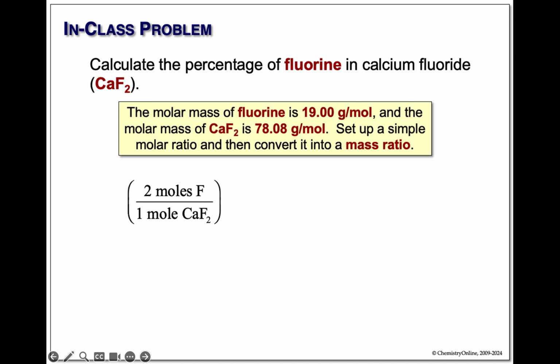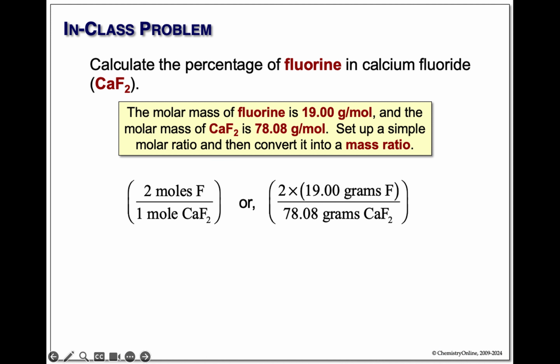But for right now, 2 moles of fluorine is the same thing in terms of mass as 2 times 19 grams. Calcium fluoride, 78.08. So our mass ratio is simply this: 2 fluorines at 19 each, divided by 78 for calcium fluoride.